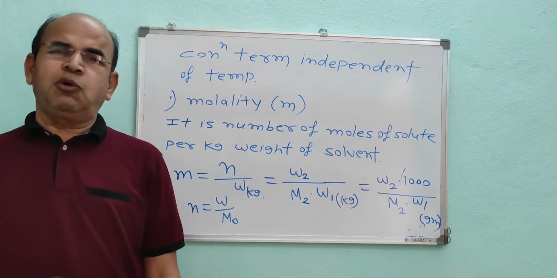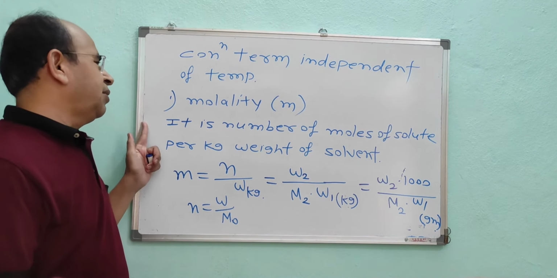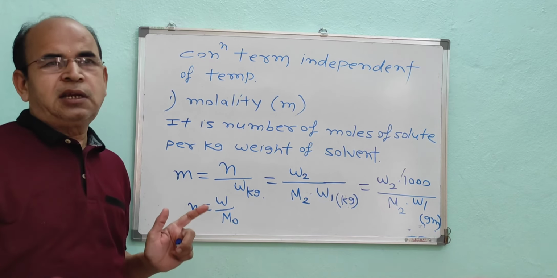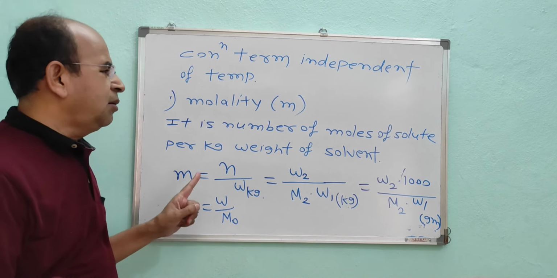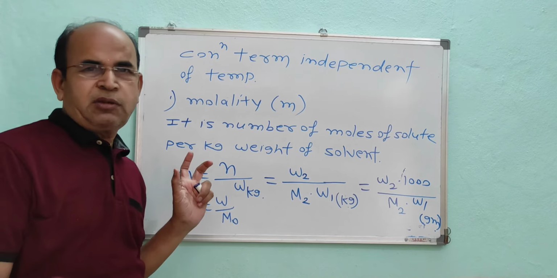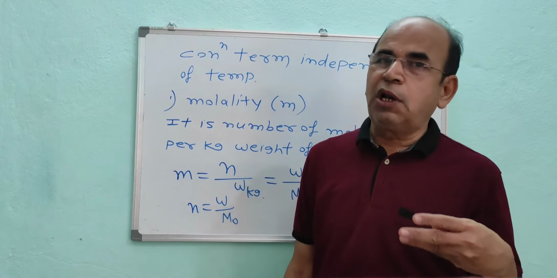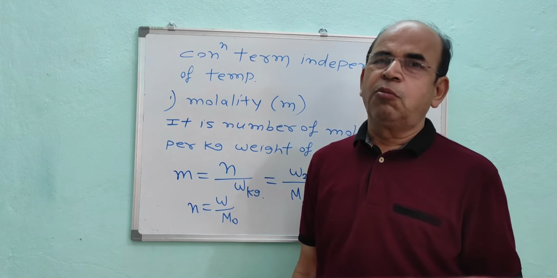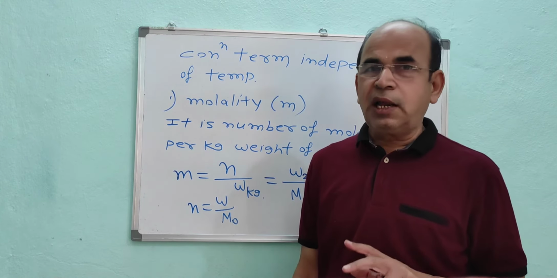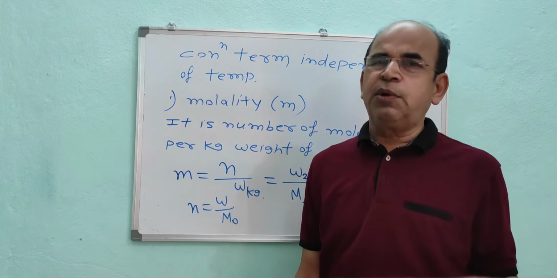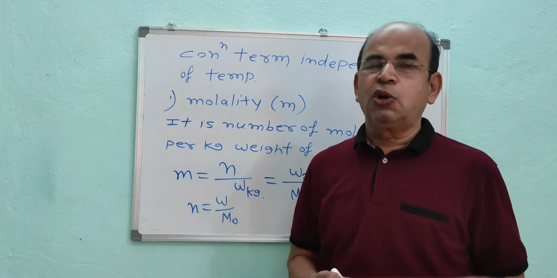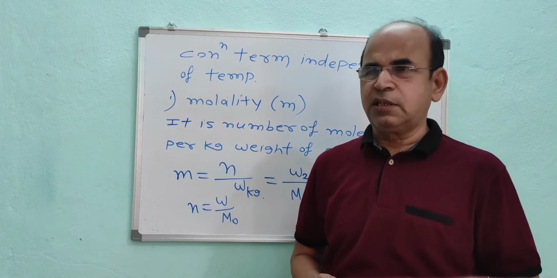So that is about molality. And remember, molality is a temperature independent term. It is more convenient to use molality instead of molarity, because molarity may change with temperature. Molality does not change with temperature.